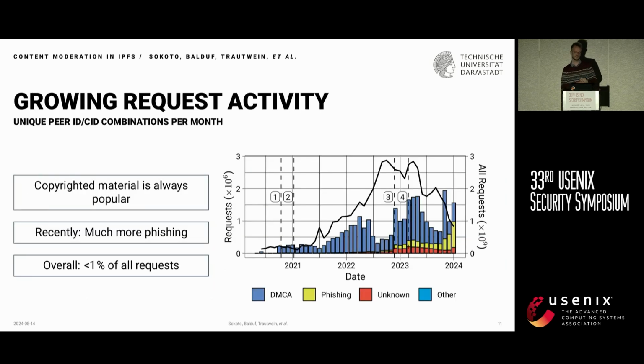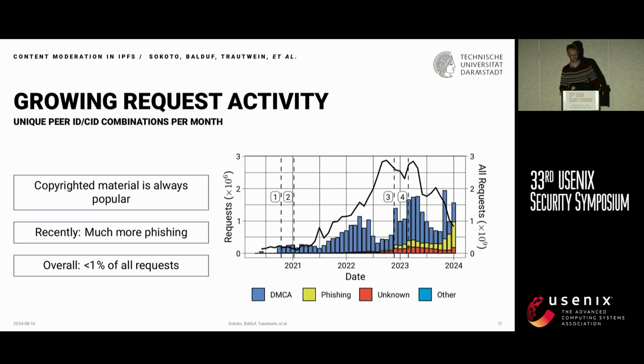Next, I hinted that we have these request logs, and what we did next was look at, in the past, how often these items were requested. So this looks at unique peer ID, CID combinations per month for items that are now on the deny list. We can see that copyrighted material is popular all the time in general, but since about 2023, we see that much more phishing has been going on.